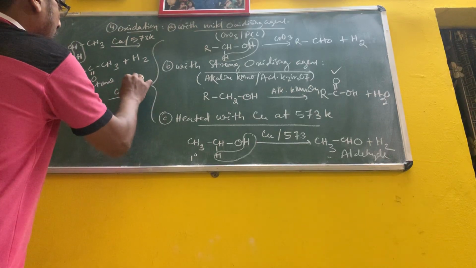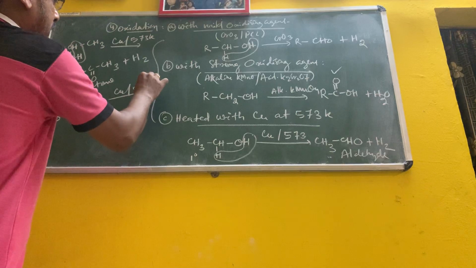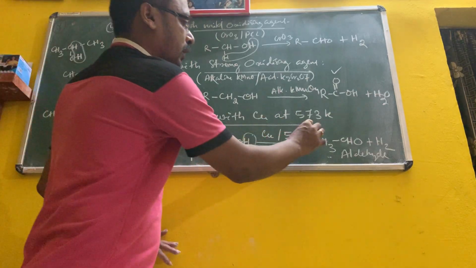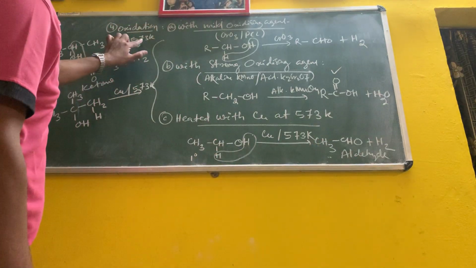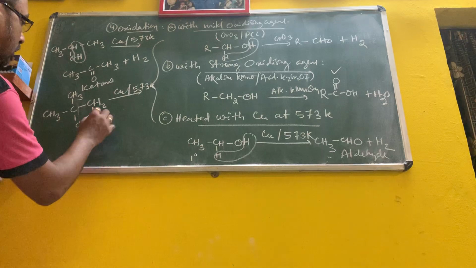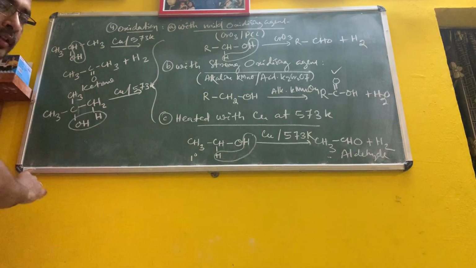Then copper 573 Kelvin. Temperature and catalyst are similar. Cu 573 Kelvin. You remember that one. Then it will form, you see, very easy.